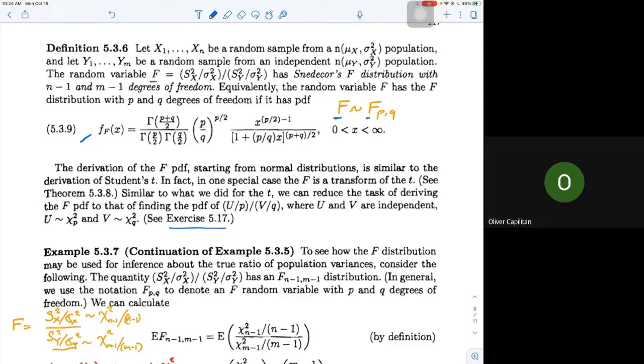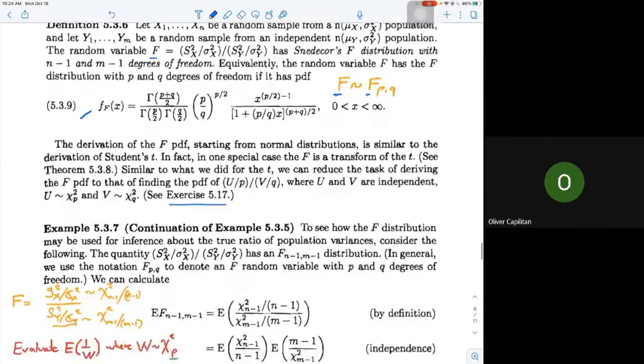And then you have this transformation F. Our new random variable will be in terms of F. You can use another random variable, say W, as a function of our original random variables. Then you can verify that the distribution of our F random variable is as defined in 5.3.9.